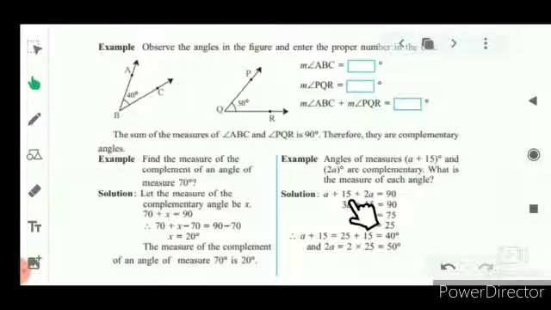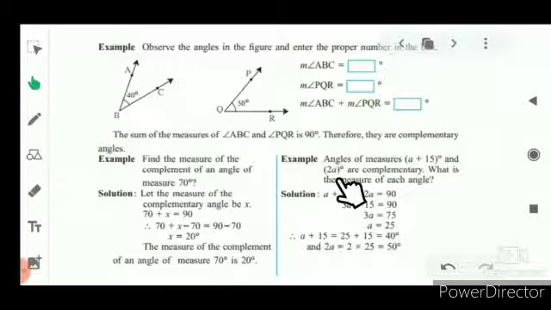Okay, now let's see another example. The angles of measure a plus 15 degree and 2a degree are complementary. What is the measurement of each angle? Two angles are given in the question. One angle is a plus 15 degree and another angle is 2a degree, and they are given as complementary, means the sum of these two angles is 90 degree, and we have to find out the measurement of each angle.